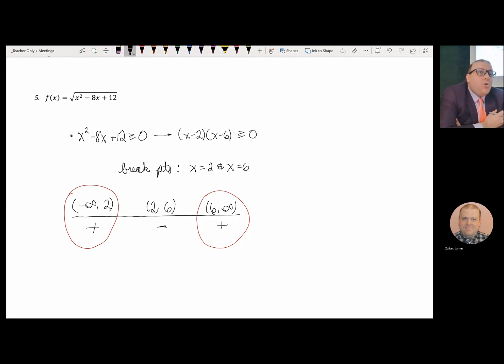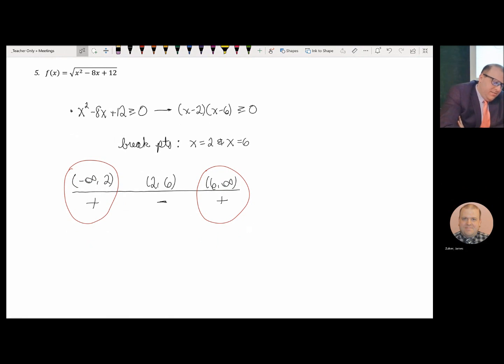Since it's greater than or equal to, the breakpoints are included. Call that solution set S. So the solution set to this inequality is negative infinity to 2 unioned with 6 to infinity, closed at 2 and 6.